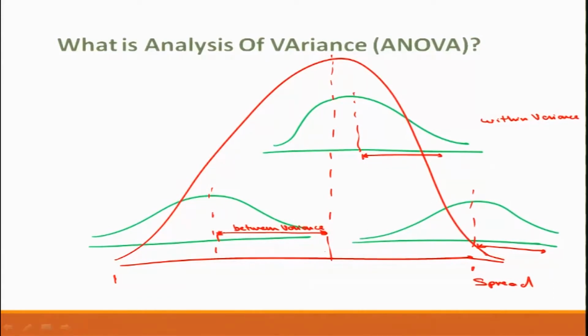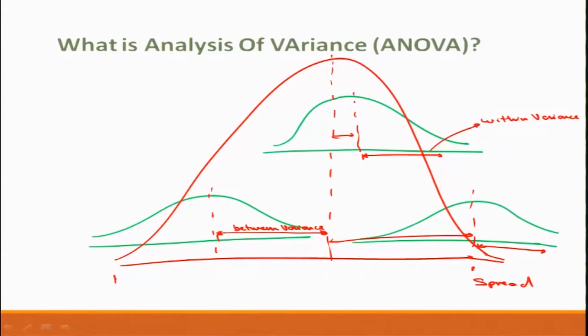Between the population mean and my group. So, this is also between, this is also between, this is within. So, the overall mean has distances from my groups and my groups individually also have spread.